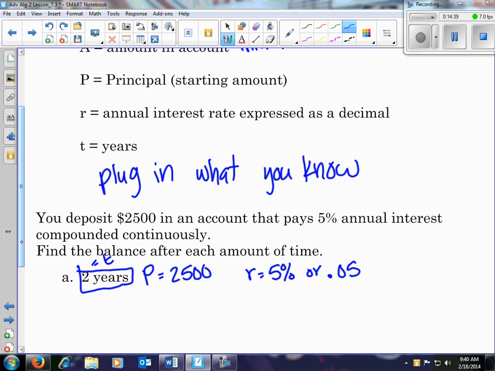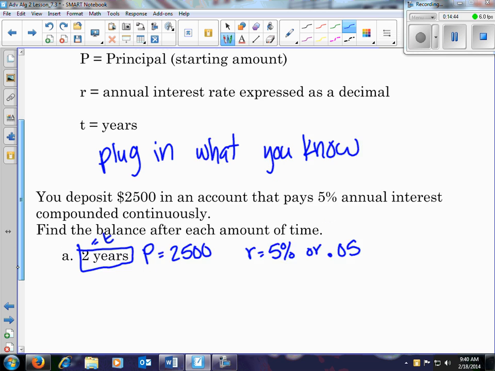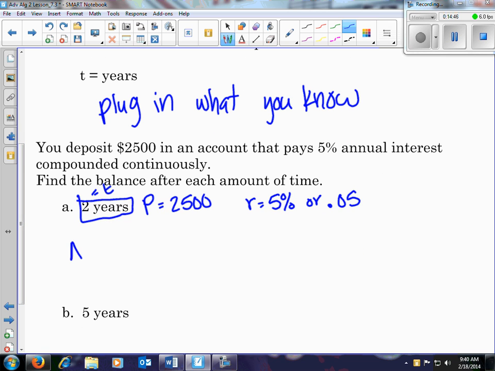So now I'm just going to plug it into our equation, which is A equals Pe to the rt. Now I have P, which is 2,500. So I have 2,500 e to my rate, which is 0.05 times 2.